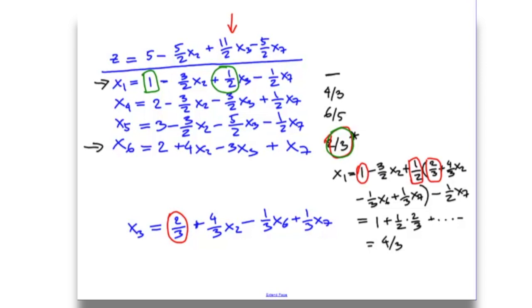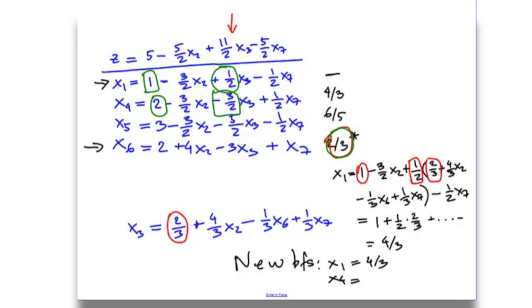We can see that for the new basic feasible solution, the value of x1 will be 4/3. Similarly, we can compute the new values for x4. It will be 2, this value here, minus 3/2 multiplied by the minimum ratio, which is 2/3, right?